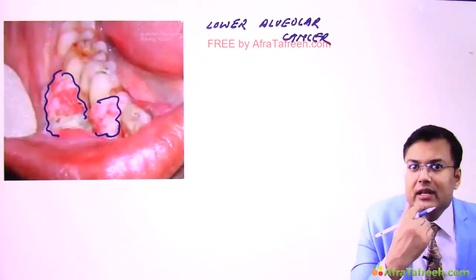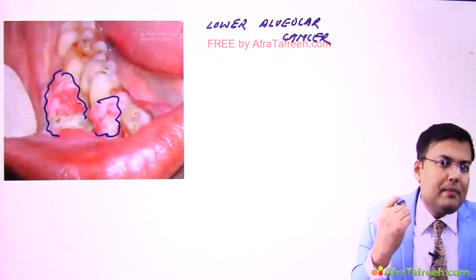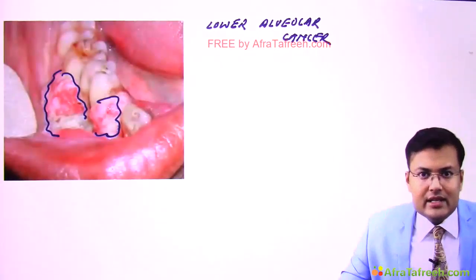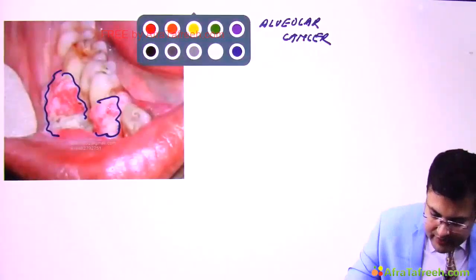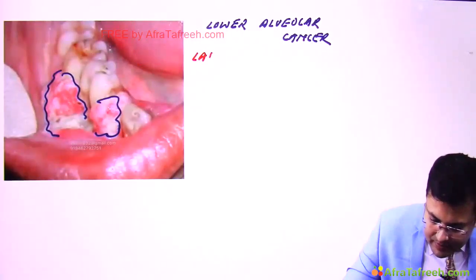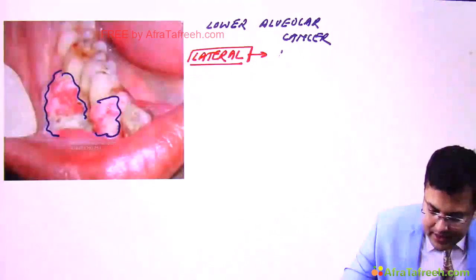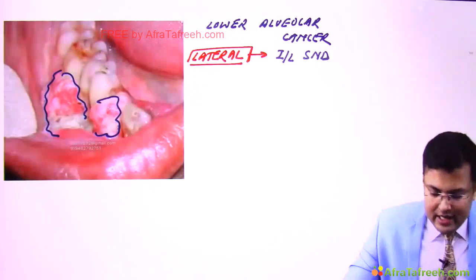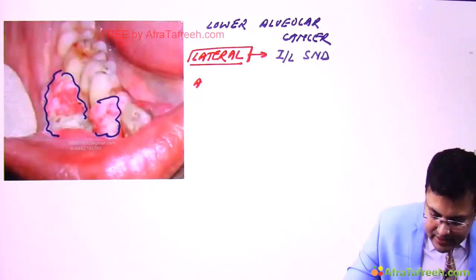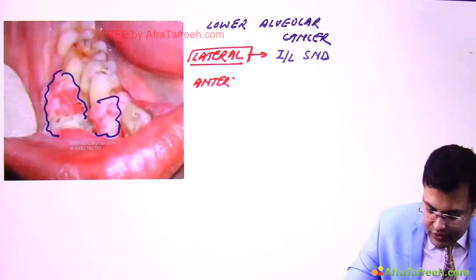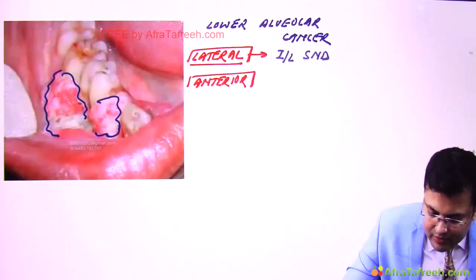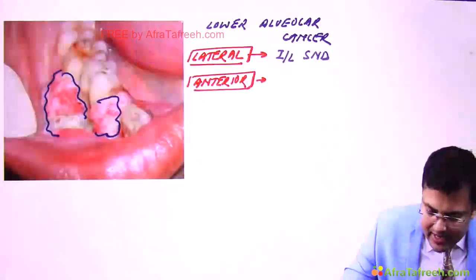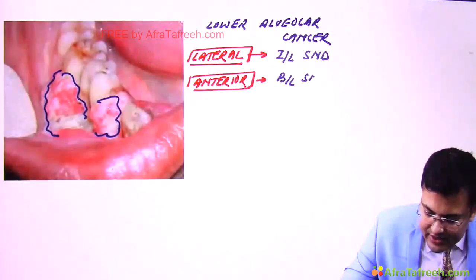But if it is located anteriorly, we perform bilateral selective neck dissection. So for lateral tumor, we perform ipsilateral selective neck dissection. And for anterior tumor, we have to perform bilateral selective neck dissection.